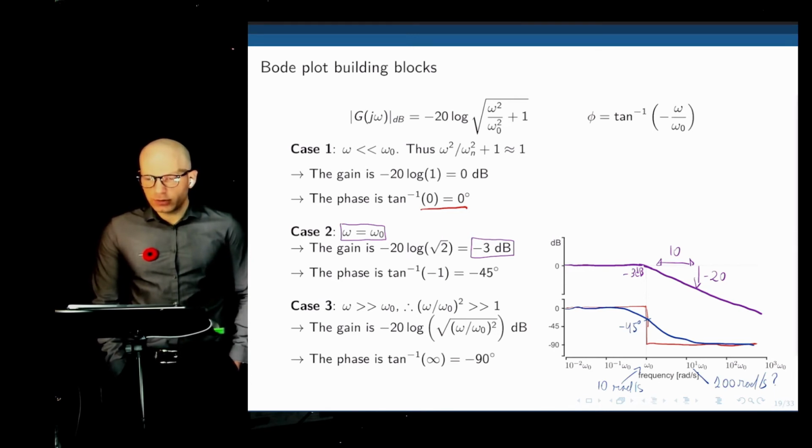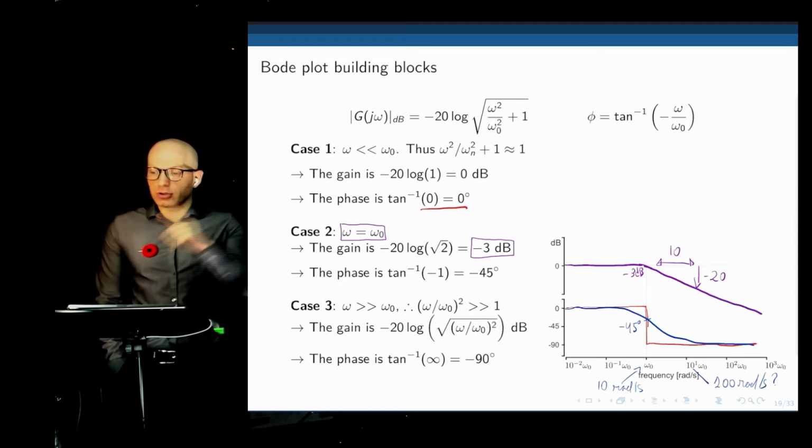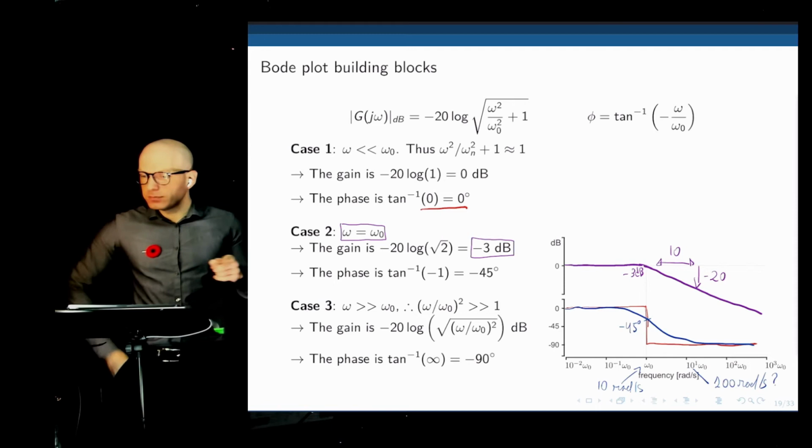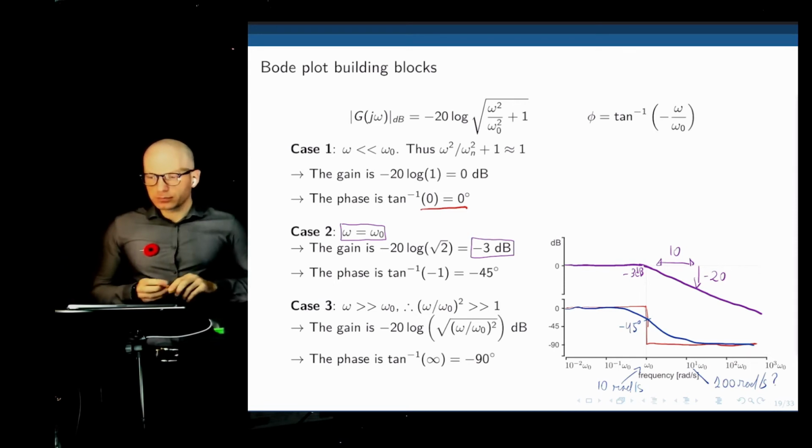The cutoff frequency is 10. What is the magnitude at 100? That is a factor of 10 in the frequency, so the magnitude goes down by negative 20.